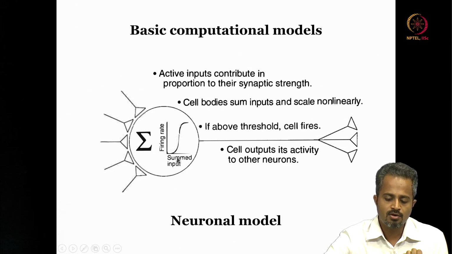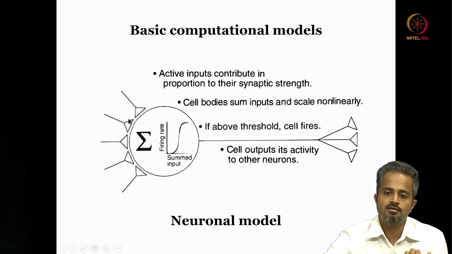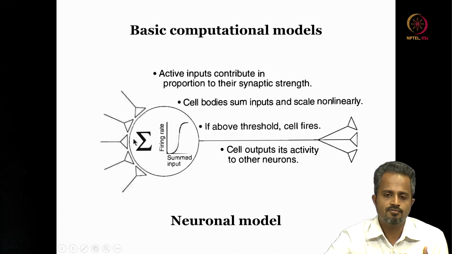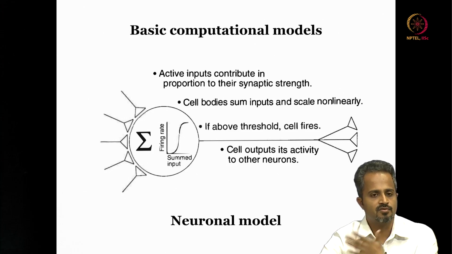So, the cell body sums it up, and if it is above the threshold it fires, and once it fires, the activity of other neurons is influenced by the input that they receive at this end. That is where the computation comes into the actual function of the neuron. For example, take a motor neuron which is receiving input from the associative cortex, from the auditory cortex, and from the visual cortex.